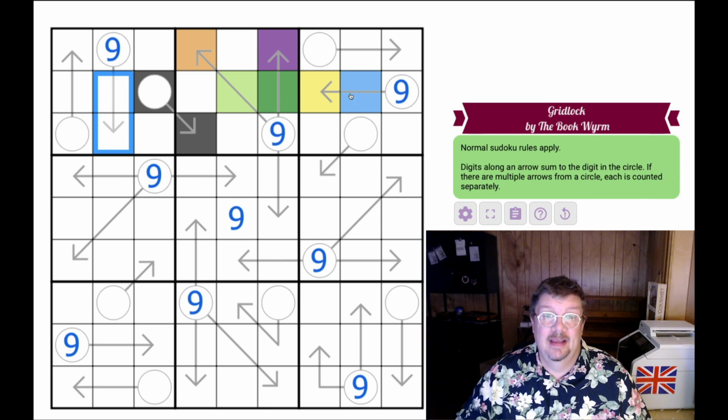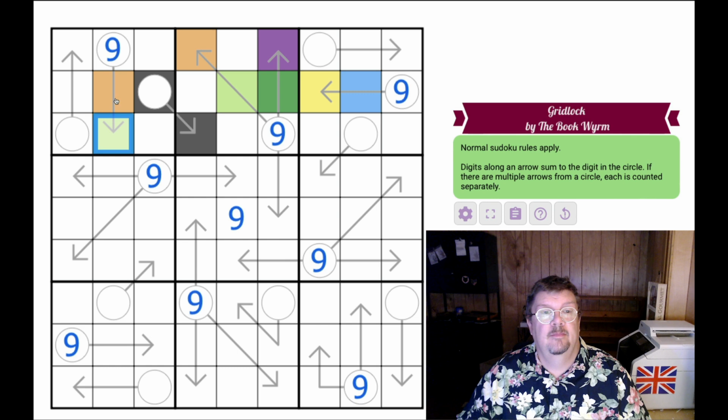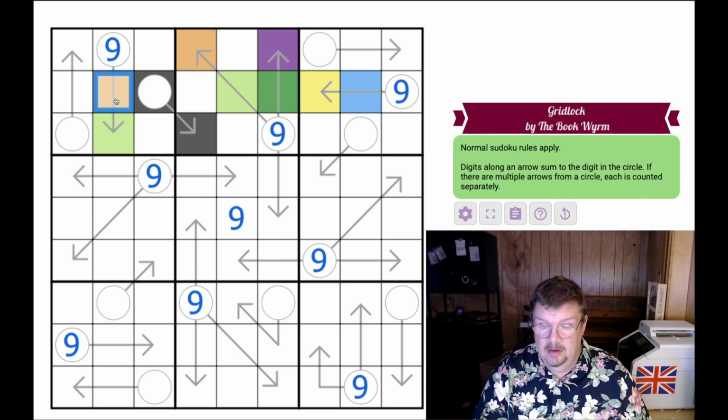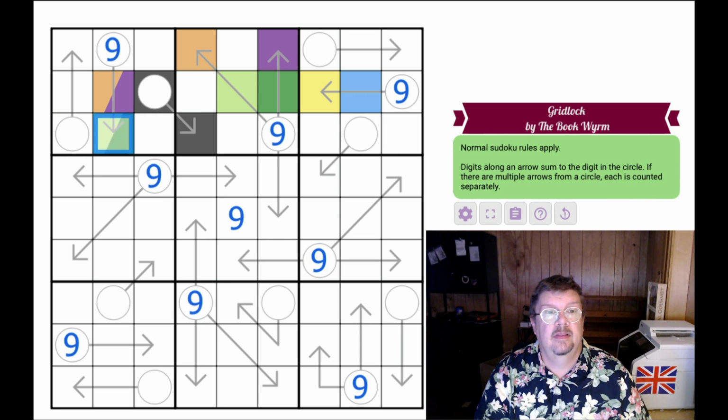But it can't be blue and yellow for sure. So it must either be light green and orange or dark green and purple. And if it's light green and orange, then this must be the orange cell and this must be the light green cell. And if it's dark green and purple, this is going to be the purple cell, because it's not dark green, and this will be the dark green cell. Ooh, that one. There we go.